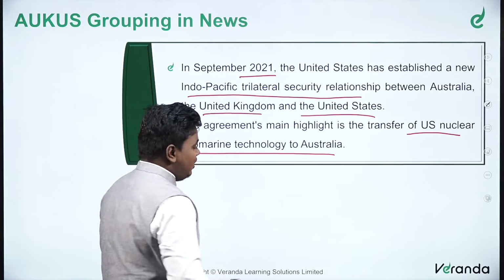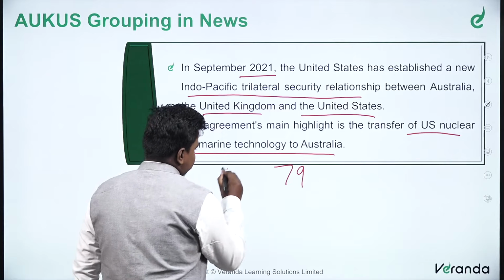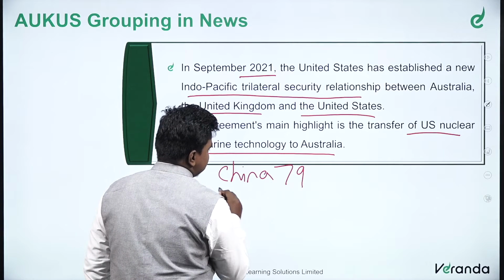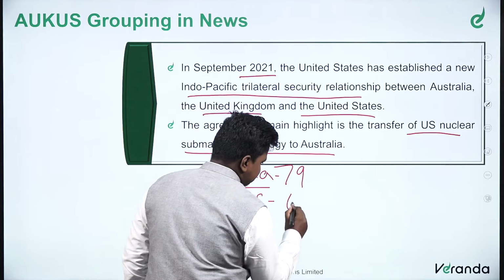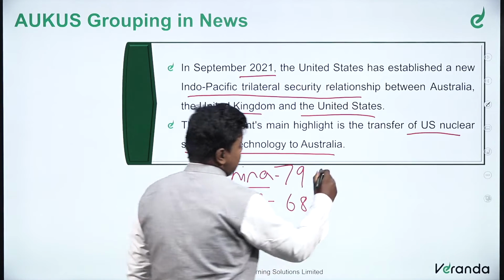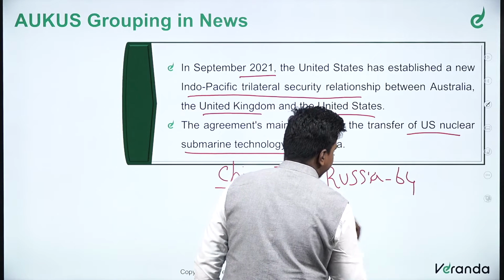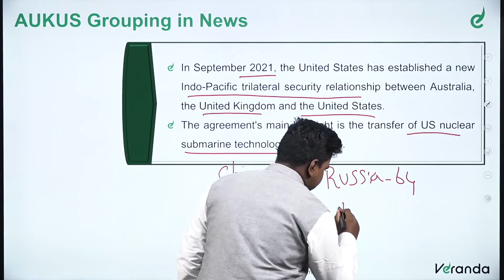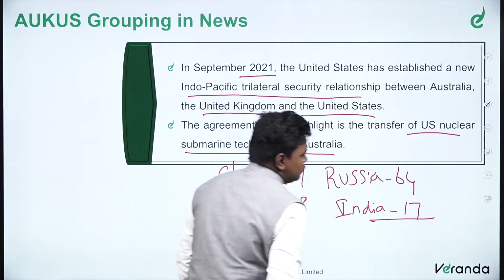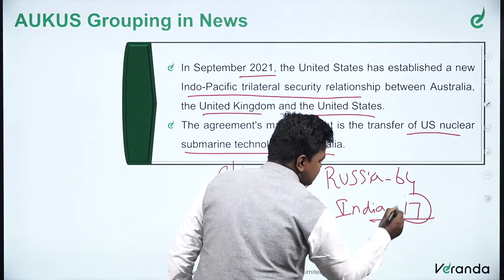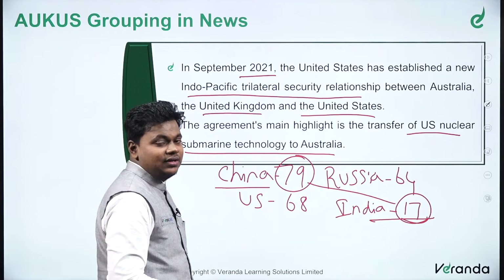As we see, China has a submarine count of around 79, whereas the US, which now considers China its major opponent, has only 68 submarines. Russia, another superpower, has only 64, and India, which is a dominant country in the Indo-Pacific region, has only 17 nuclear submarines when compared to China's 79 in this Indo-Pacific region.